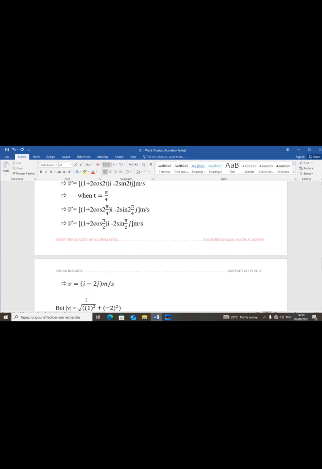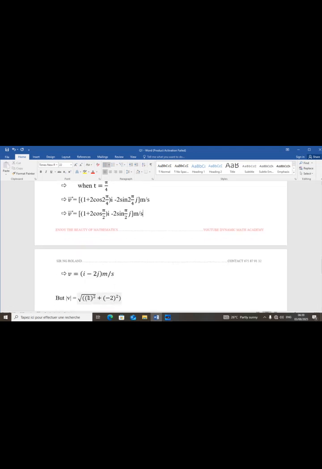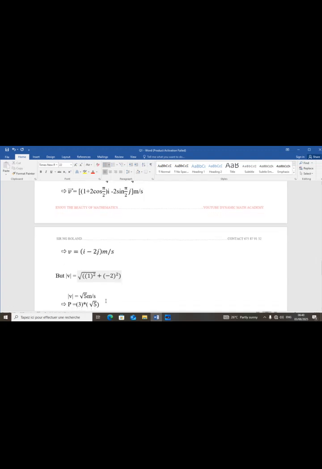So the magnitude of the velocity will simply be the modulus of this: square root of the coefficient of i, that's 1 squared, plus the coefficient of j, that's minus 2 squared. And if you do that, we're going to have exactly 5. So the velocity or the speed will simply be 5 meters per second, because actually the magnitude of the velocity gives the speed.